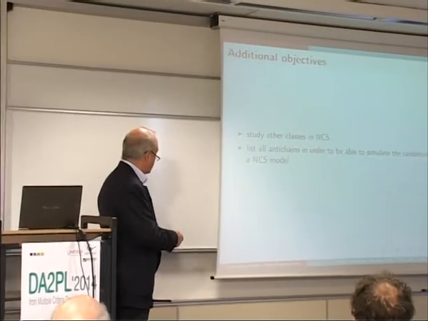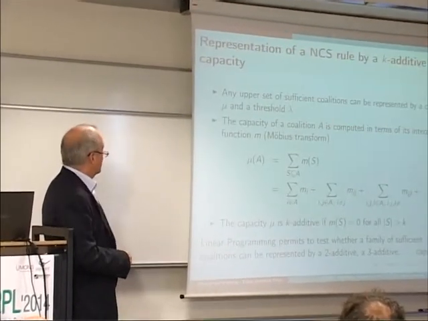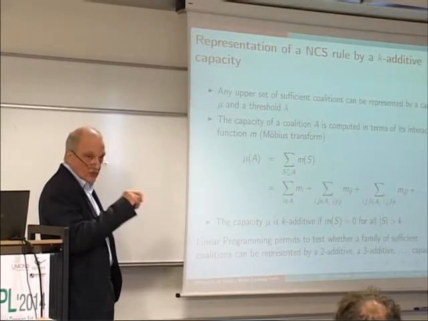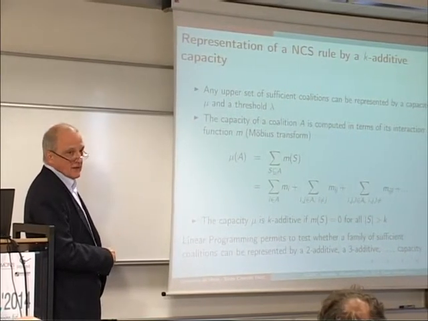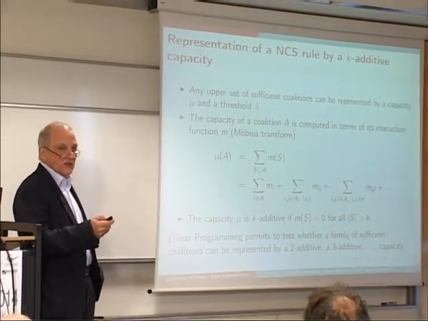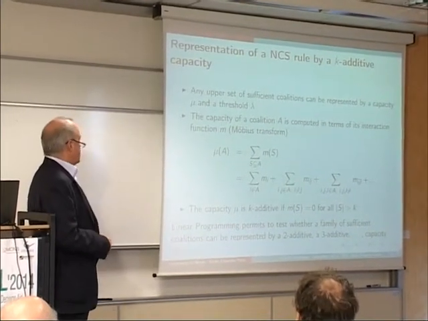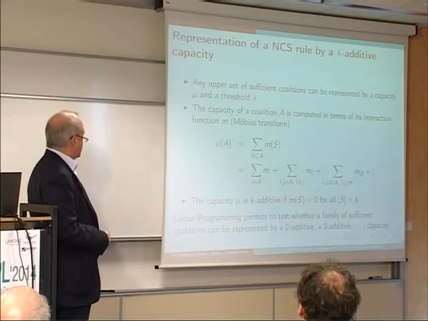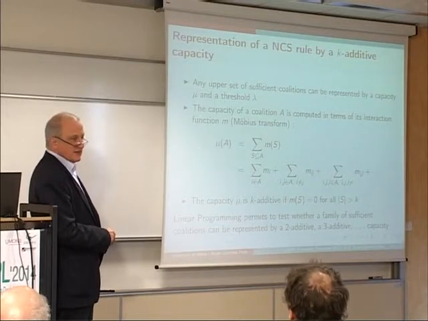So the first issue: other classes, which classes? In fact, any NCS rule given the profile can be represented not by a set of weights and a threshold, but by a capacity and a threshold. A capacity is a non-additive measure, not necessarily additive, and in general you can represent it like this.